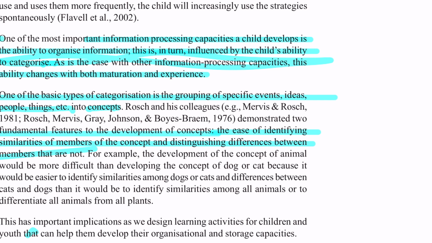One of the most important information processing capacities a child develops is the ability to organize information, because organization and categorization is very important. Suppose you have a library at your home, and if you mix all the books, you won't be able to find any book easily, right? That happens with information also. So organizing and structuring is very important.